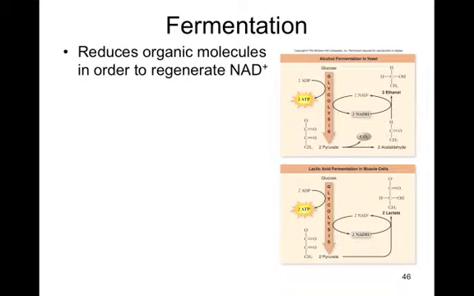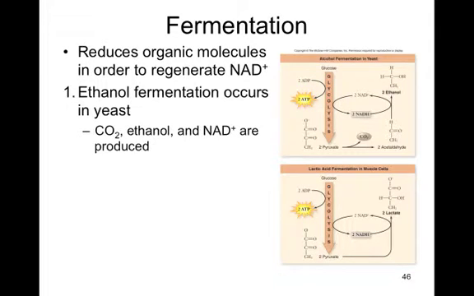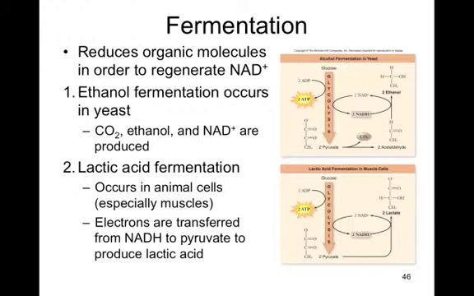In fermentation, organic molecules are reduced in order to regenerate the NAD to keep glycolysis going. In ethanol fermentation, which we see occurring in yeast, CO2, ethanol, and NAD are produced.